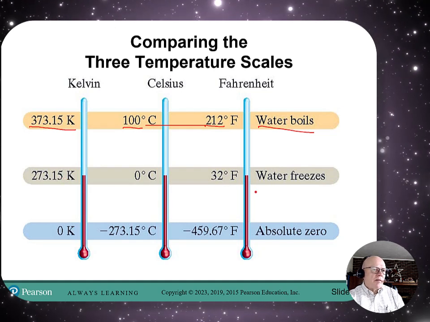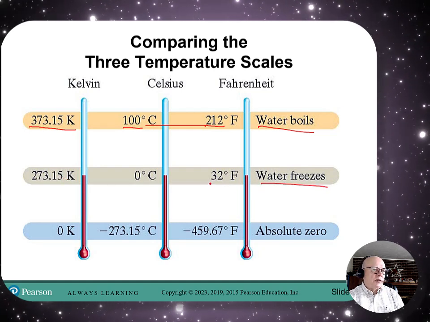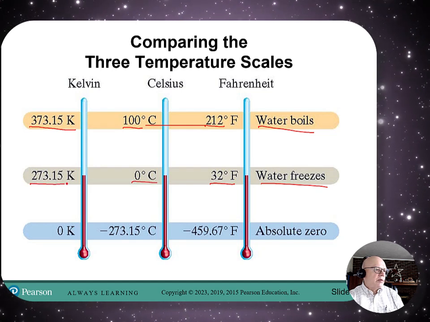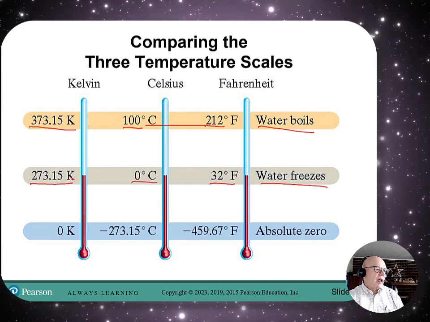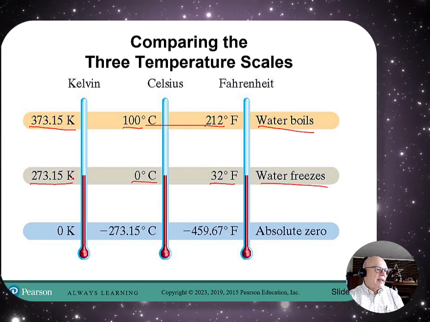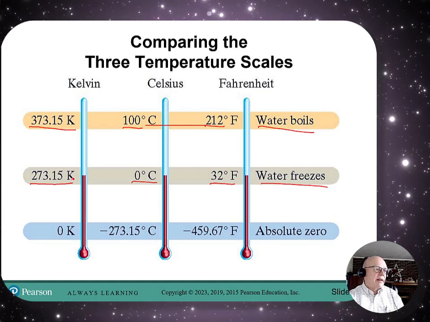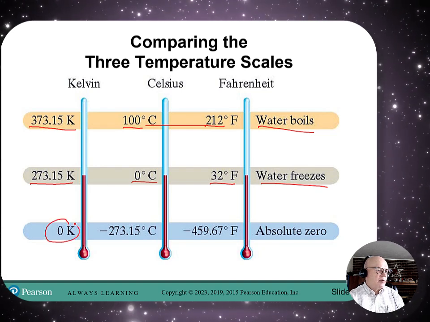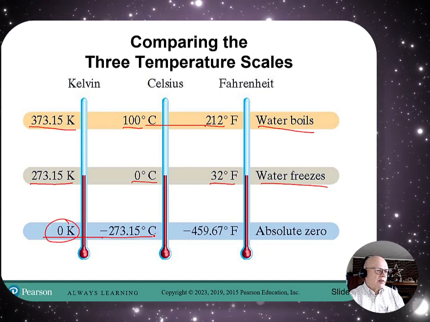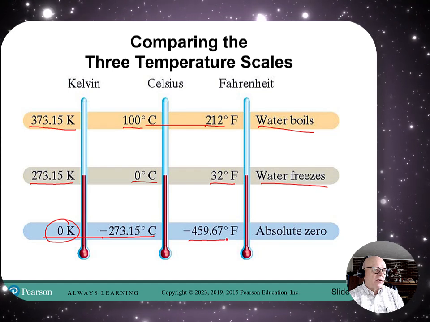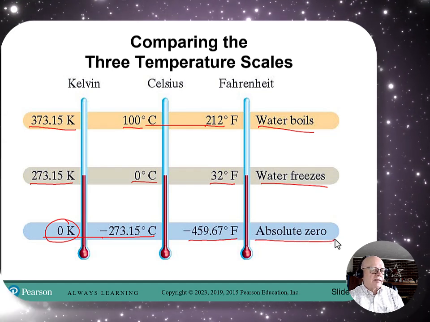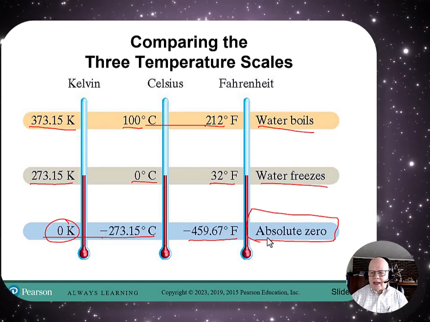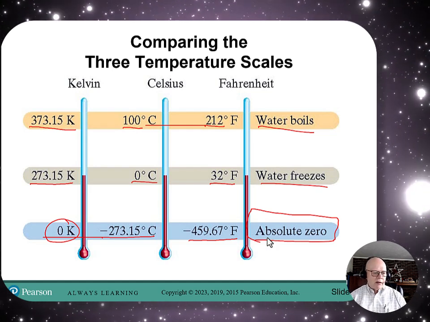And you see the freezing point, 32 Fahrenheit, 0 Celsius, 273.15 Kelvin. Remember, 0 Kelvin is absolute zero. You can't get any colder than that. So the Kelvin temperature, absolute zero. There's your Celsius temperature. There's your Fahrenheit equivalent. And that's your absolute zero. You're not getting any colder than that, no matter where you go.